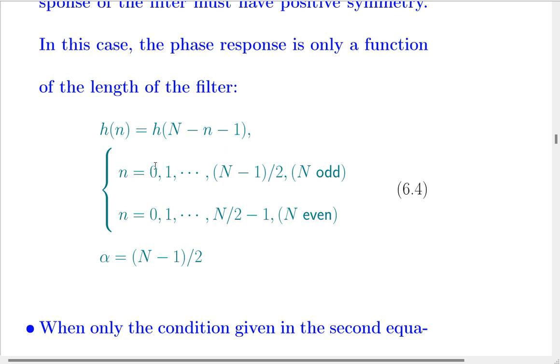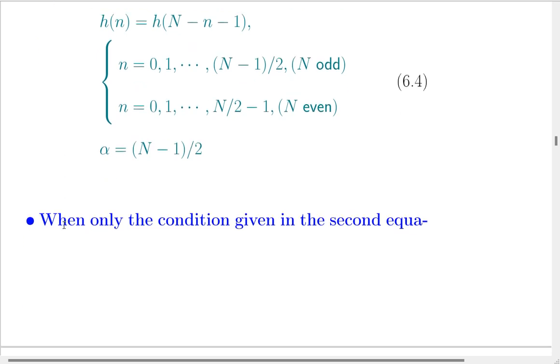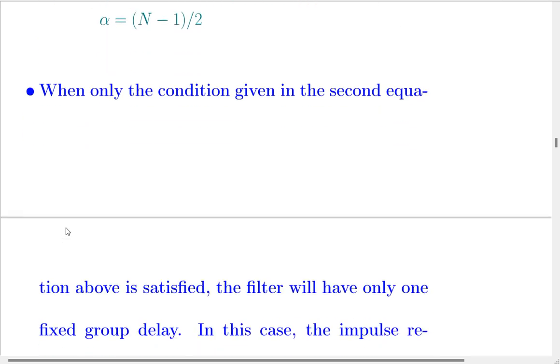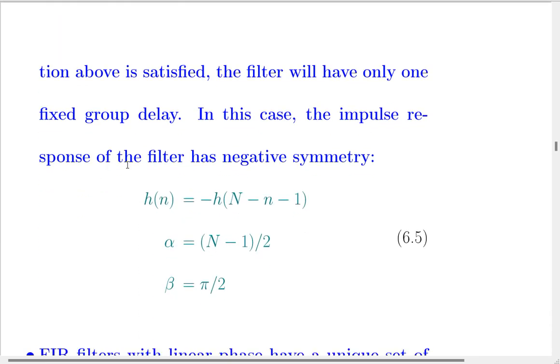n is equal to 0, 1 up to half of N, and the same if it's odd or even, okay? And alpha is equal to (N minus 1) over 2. Now, when only the condition given in the second equation above is satisfied, the filter will have only one fixed group delay.